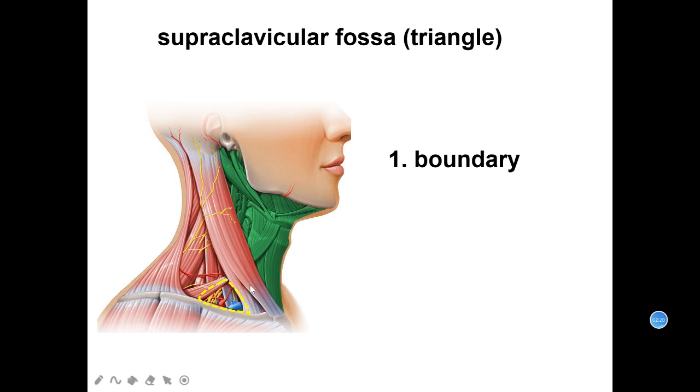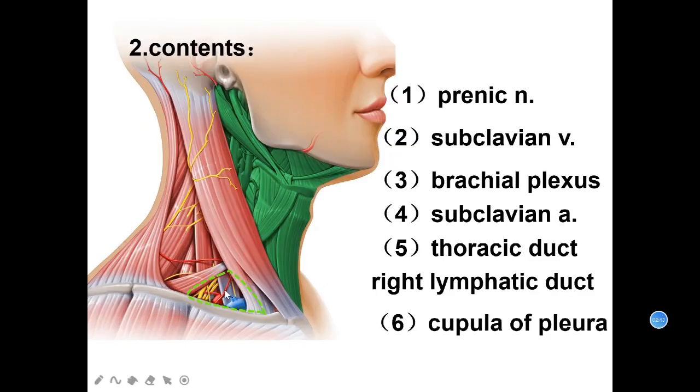Now next, this triangle is the supraclavicular fossa, or supraclavicular triangle. You can observe your own fossa here. The boundaries are the posterior border, the lower part of the sternocleidomastoid, the upper border of the clavicle, and the inferior belly of the omohyoid. In this fossa, we can see a lot of muscles and nerves.